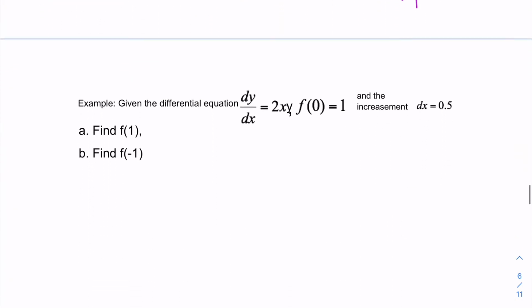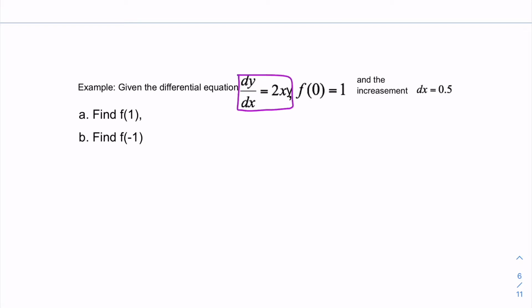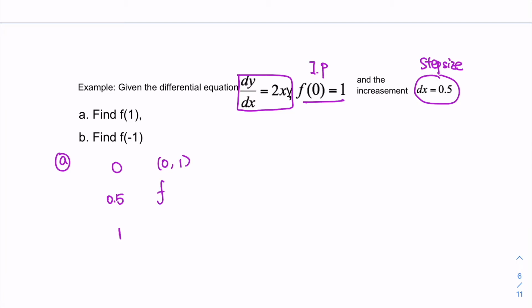Let's have a look at an example here. Given the differential equation and given our initial point and delta x, which is our step size, every step we go 0.5. Let's have a look at how we find f(1) using Euler's method. From 0 with step size 0.5, we have two steps, from 0 to 0.5 and then to 1. Given at 0 the y value equals 1, f(0.5) will be approximately equal to f(0) plus the derivative at 0 times delta x.